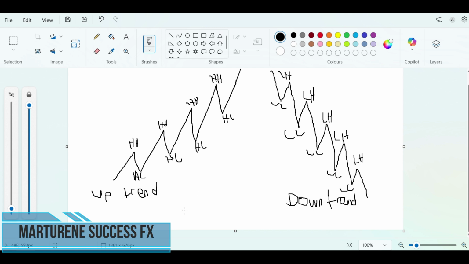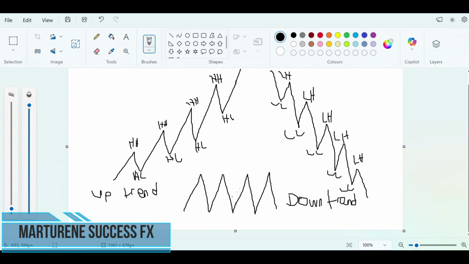Okay, the market is going up, coming down, going up, coming down, going up, coming down. So it's making equal highs. These are the highs. It's making equal lows. Okay, this is what we call a ranging market, or a sideward trend.